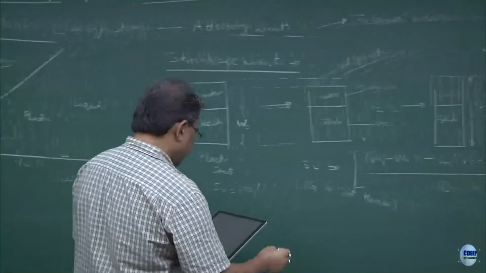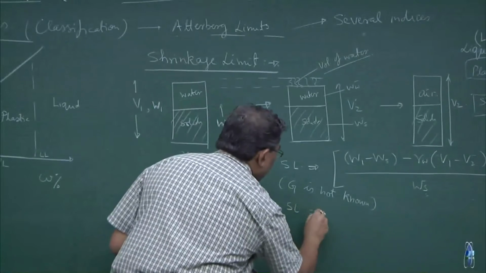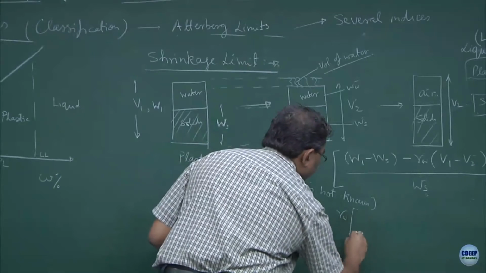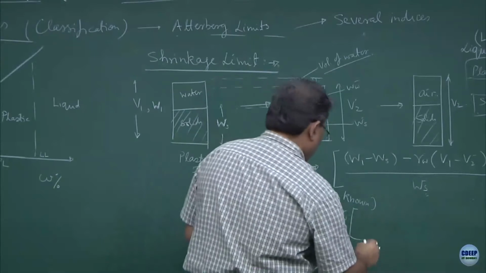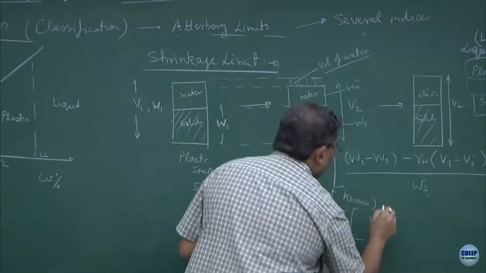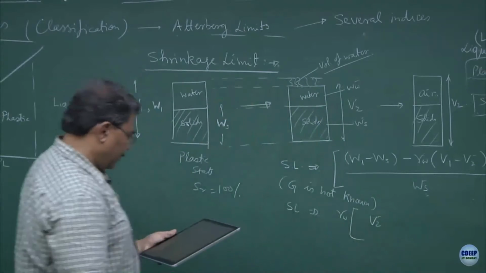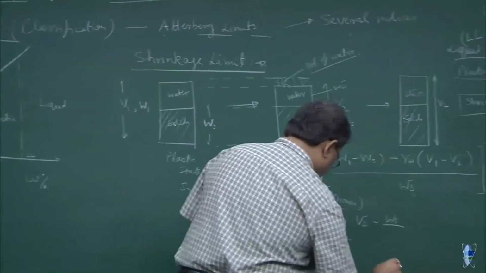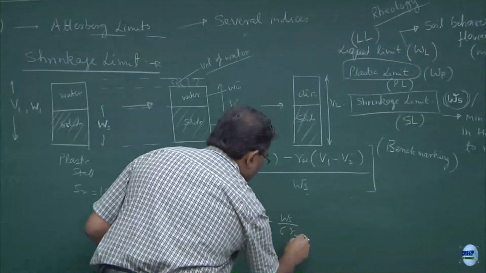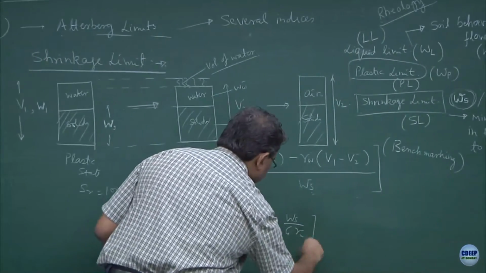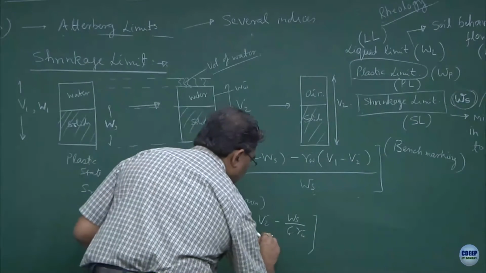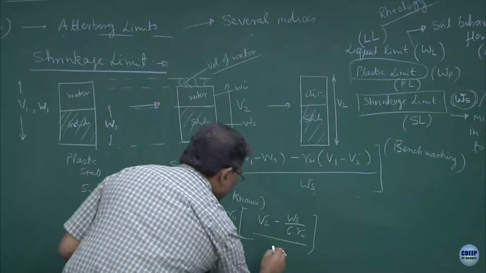So, the shrinkage limit would be gamma W into V2, the final volume of the soil mass, minus weight of solids divided by G into gamma W, upon Ws.